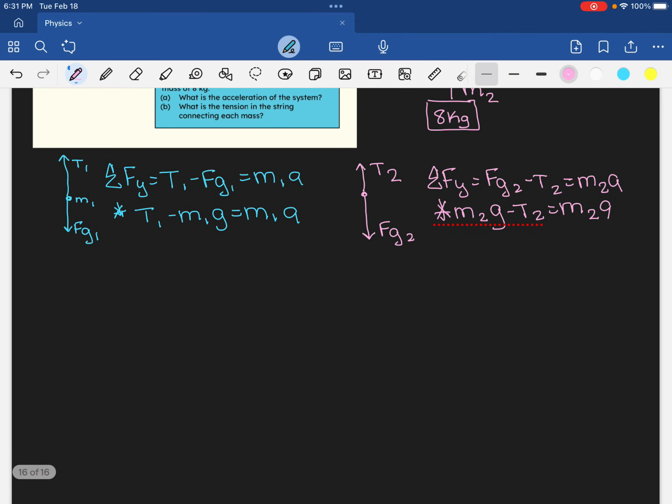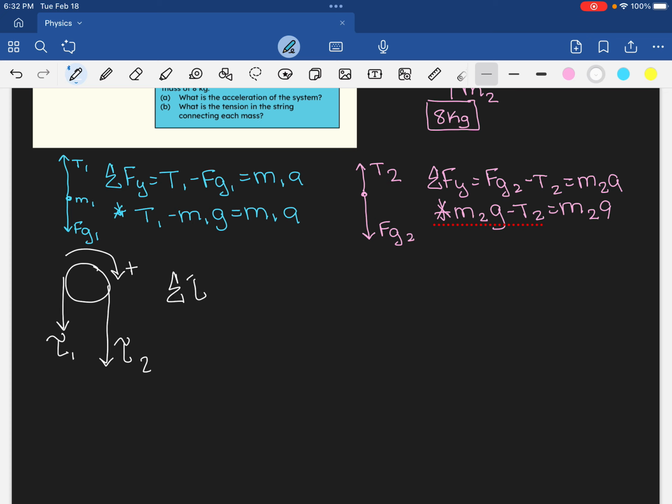And I want to write my last equation, which is going to be that of the pulley. Now I have two torques acting on the pulley. I have torque 1, which corresponds to mass 1, and torque 2, which corresponds to mass 2. And we are going to say that this is the positive direction.